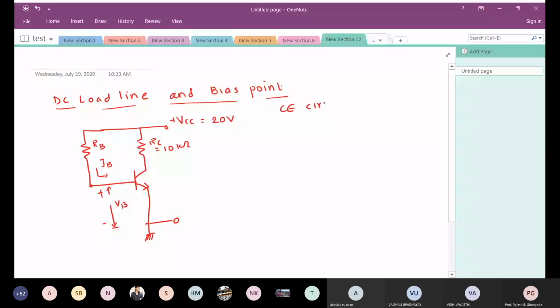What is going to be the output in case of a common emitter circuit? It is going to be VCE. Remember, this also is IC. So in this circuit, which I want to use as an amplifier, input terminals are the base and the emitter. So this is where I will apply the input. Input is not explicitly shown right now.